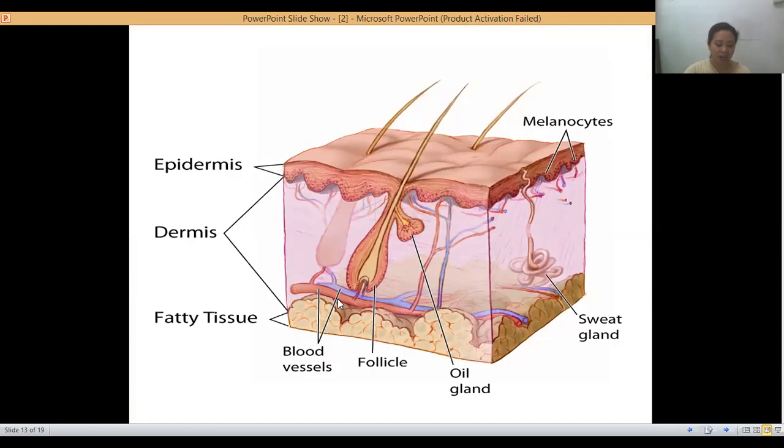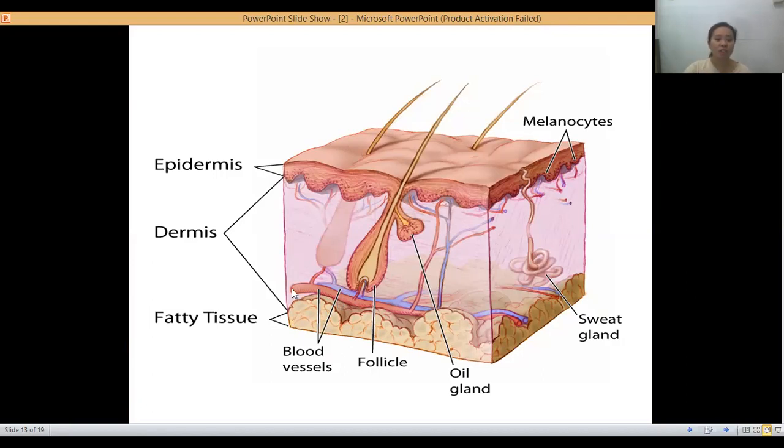And when you feel hot, your blood vessels enlarge. And this makes your face red. But when you feel cold, malamig, your blood vessels become small, and this makes you look pale.